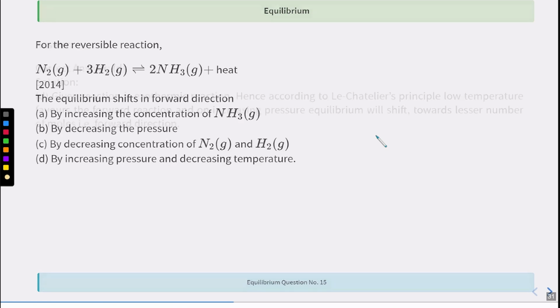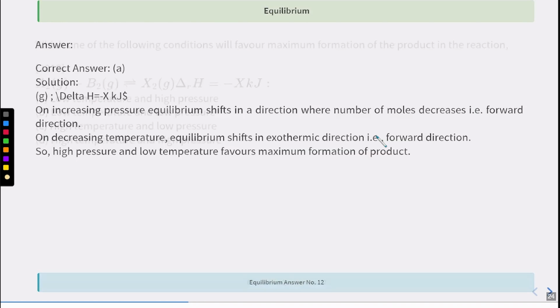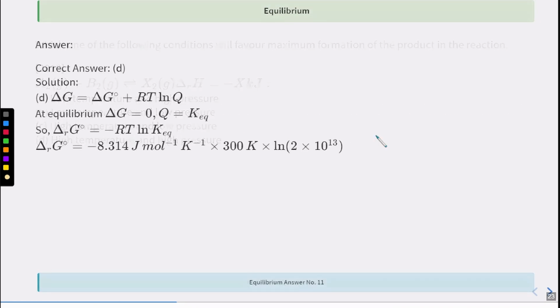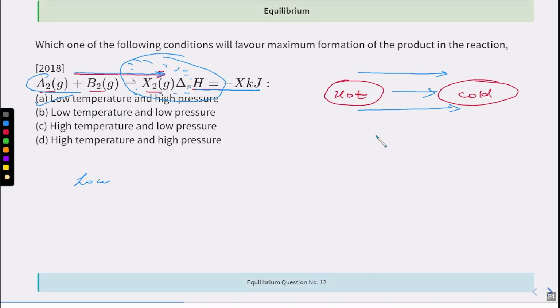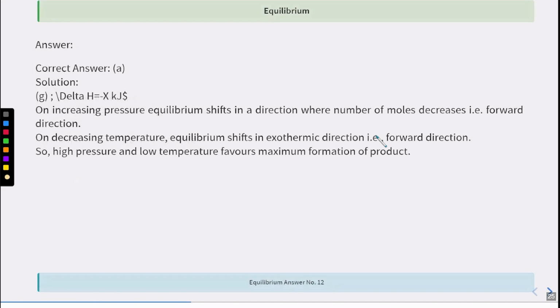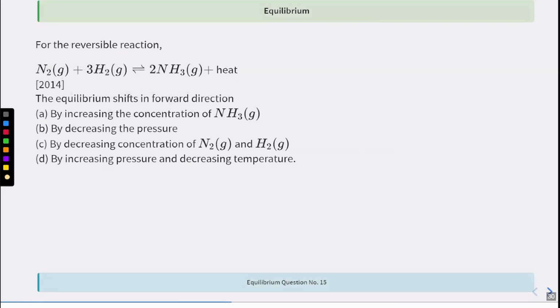This is exactly the question we discussed. You have two reactants going to a product side. How do you increase the forward direction? By increasing the pressure and decreasing the temperature, we can make this reversible reaction go in the forward direction. So that's option D.